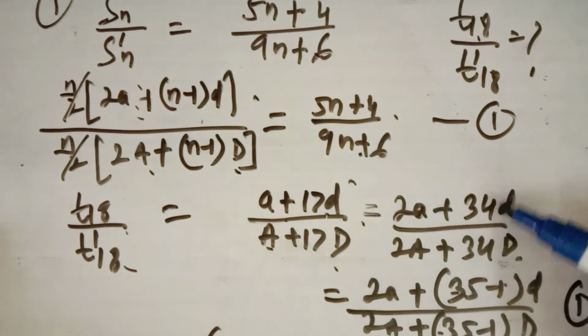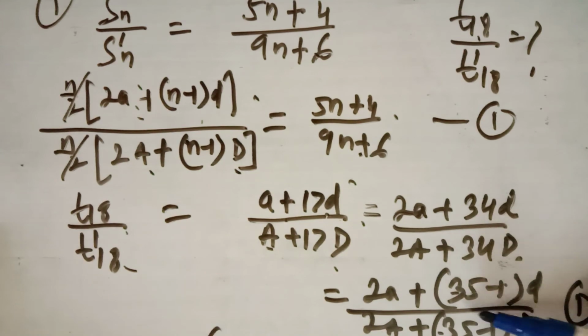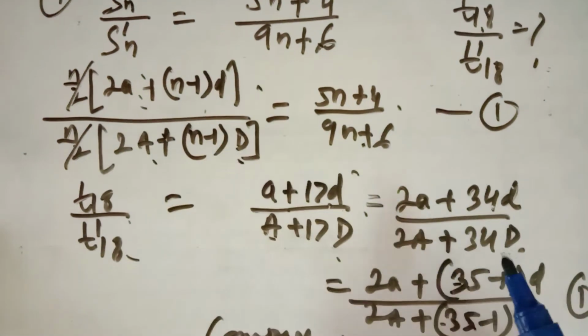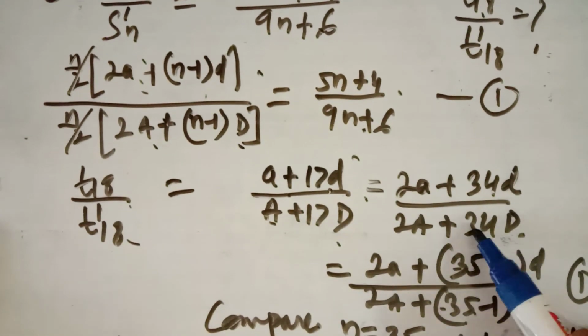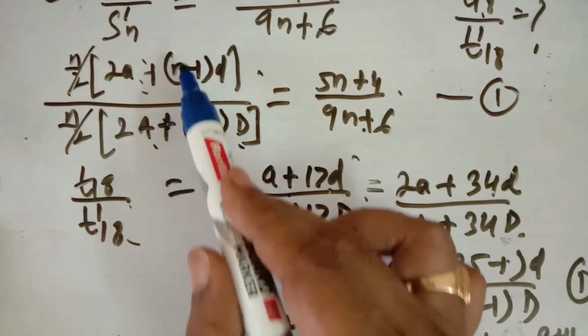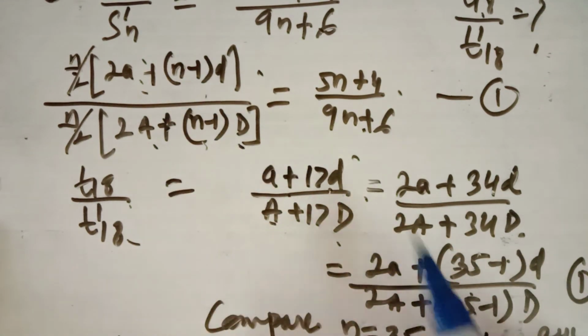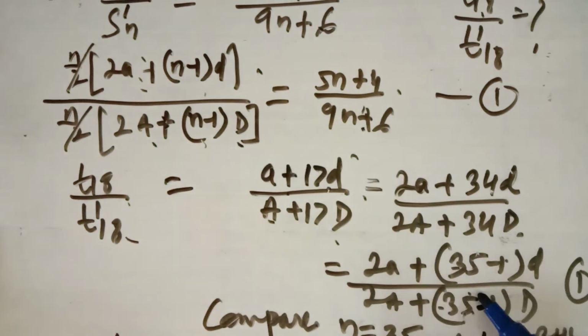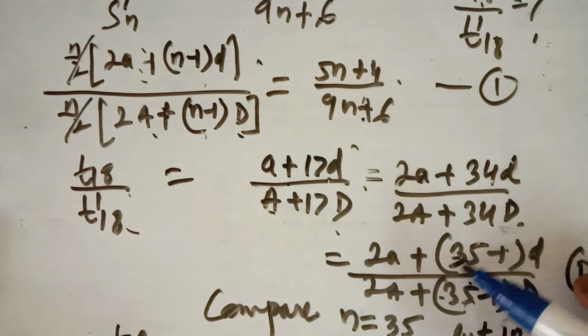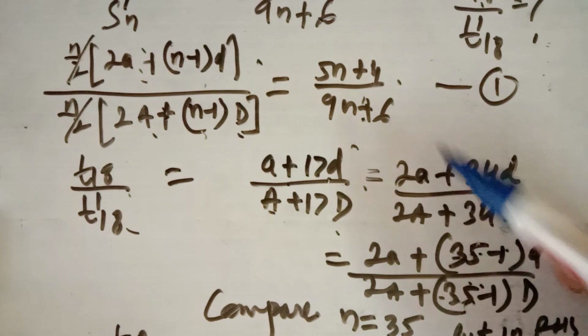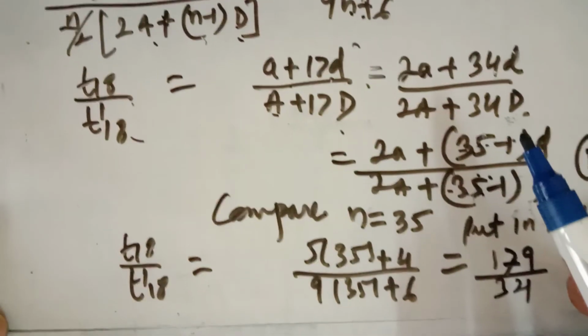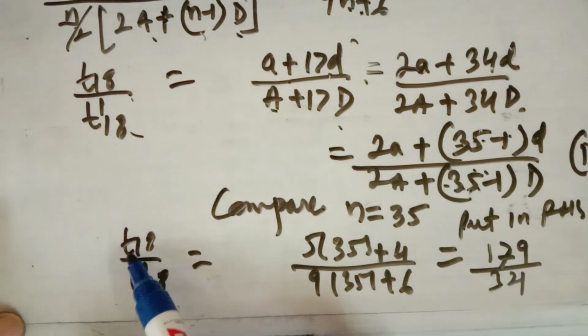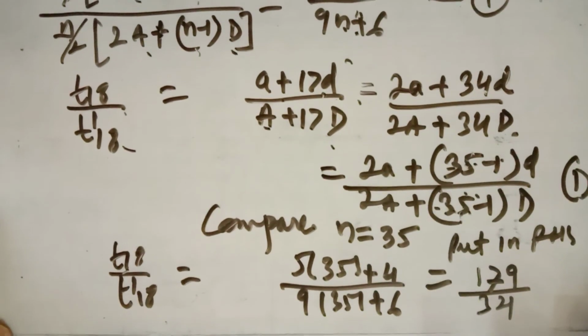I multiply the numerator and denominator by 2 so that I can convert this into this form, which is 35 minus 1. By comparing this with the left hand side, n is coming out to be 35, and because this is equal to this, so this also will be equal to this, where n will be equal to 35. So put the value of n as 35 here. You'll get the ratio, which is coming out on the left hand side as 179 upon 321.